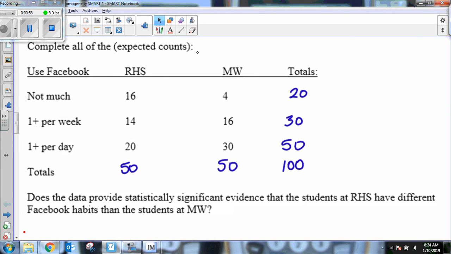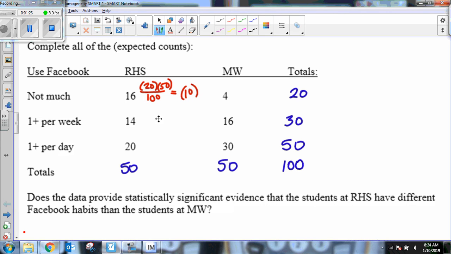That's what it's asking us to do here, complete all of the expected counts. If you remember from the last video, in order to find the expected count for not much RHS, all you got to do is take the row total times the column total, divide by the grand total. So in this situation, it's 20 times 50 divided by 100. That gives you an expected count of 10.